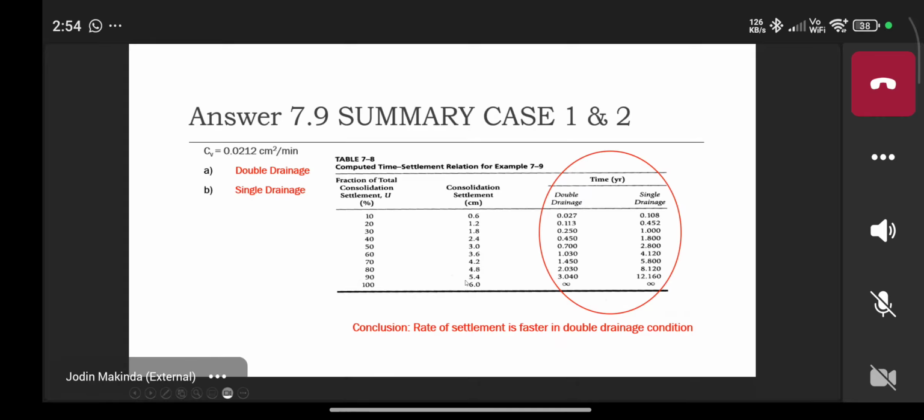Look into 90%, for example. 90% consolidation will take 3 years for double drainage, but for single drainage, it takes 12 years. So, conclusionnya adalah rate of settlement is faster in double drainage condition.